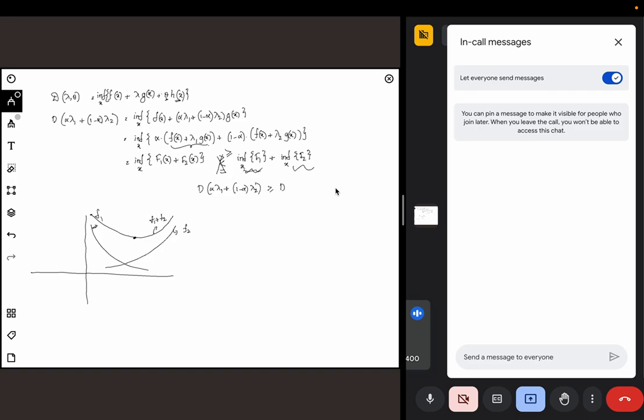This is essentially my alpha times d of lambda 1, and the other one is 1 minus alpha times d of lambda 2. And this essentially means d is concave. Sorry, if it is less than or equal to, then it is convex. If it is greater than or equal to, it is concave. Is this clear?